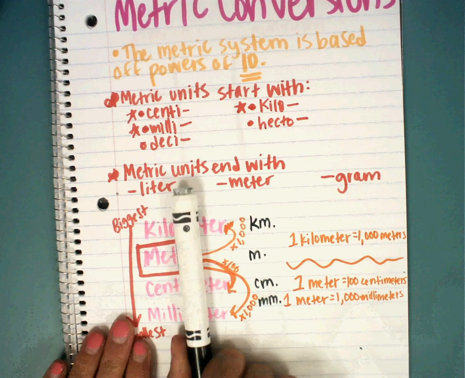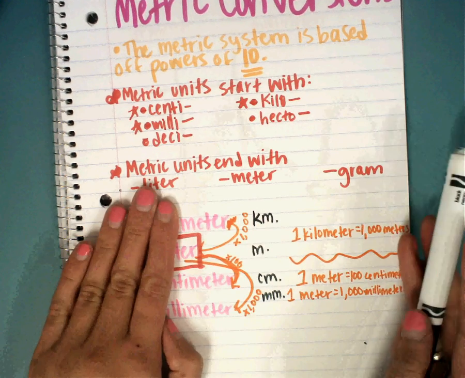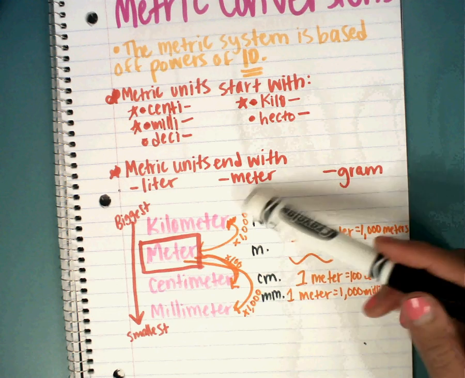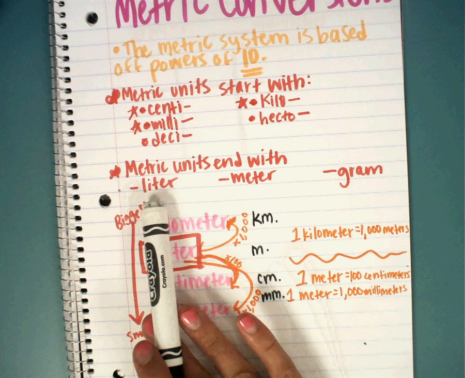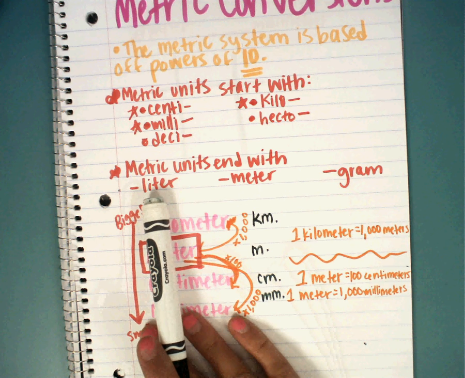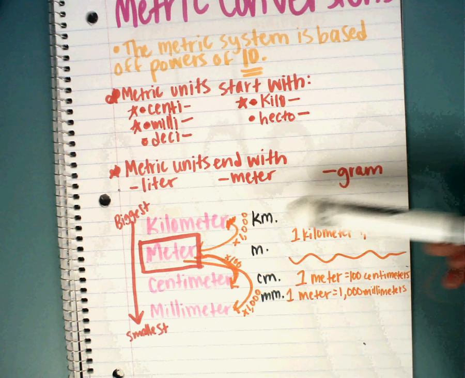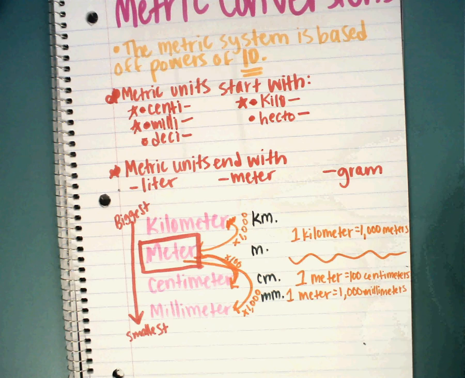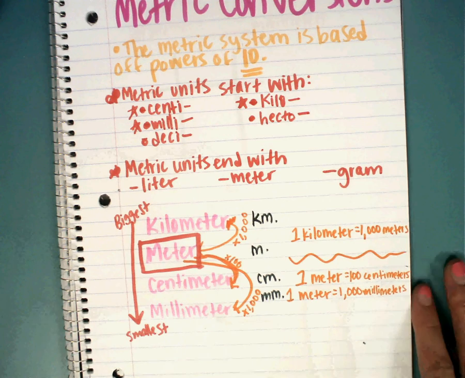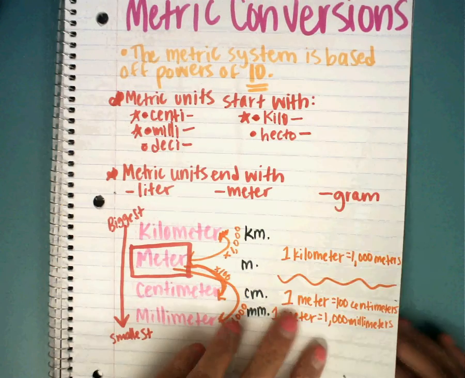They're all in lowercase, and it's usually whatever the first letter is of that first half and the first letter of the second half. And they're all lowercase except for liters. Liter is always going to be with a capital L, usually so people don't confuse it as being a 1. Okay? So if it were kiloliters, it would be lowercase k, capital L. That's the only difference. Otherwise, they're pretty easy to remember how they're abbreviated.